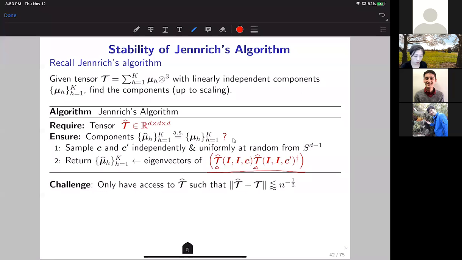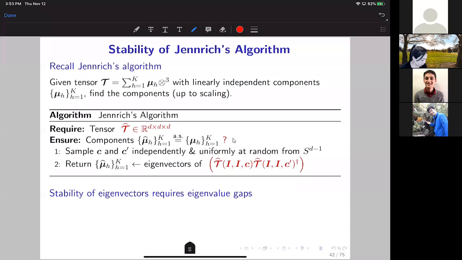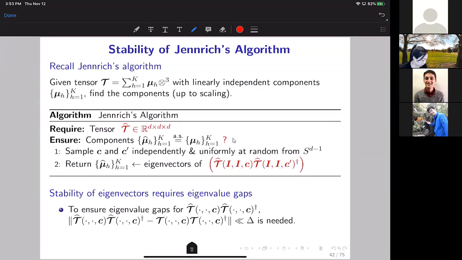So now we wanted to check whether this will work now that your T hat is not T, but a noisy version of T. To ensure an eigenvalue gap for T hat(I,I,c) and T hat(I,I,c') pseudo inverse, you basically need the estimation and the ground truth to be bounded by some kind of delta.